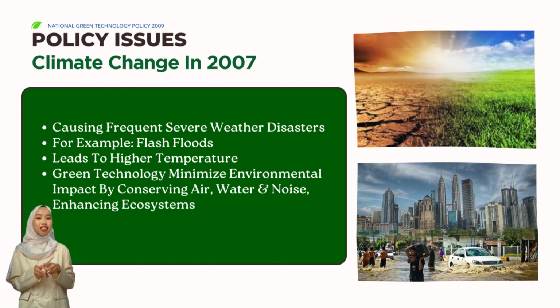Hence, green technology minimizes the environmental impact by conserving air, water, noise, and also enhancing ecosystem biodiversity and protecting natural resources. Thereby, it can also enhance people's quality of life.